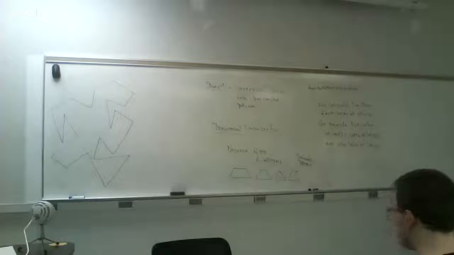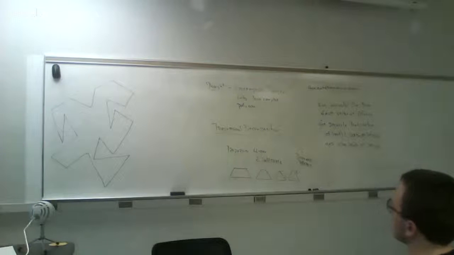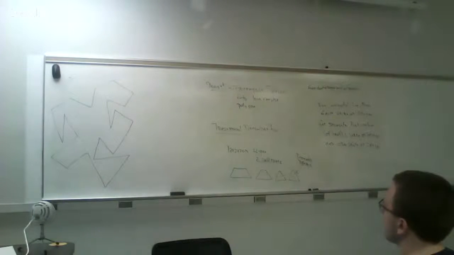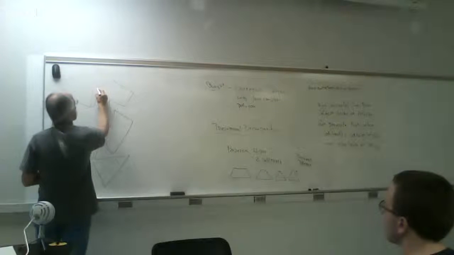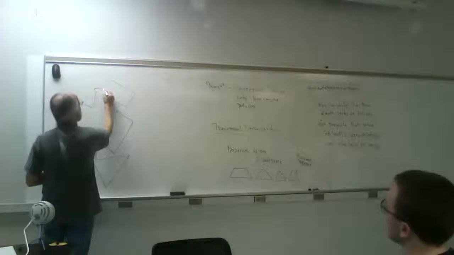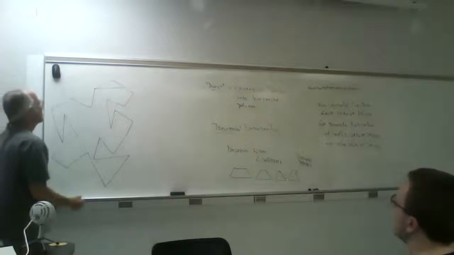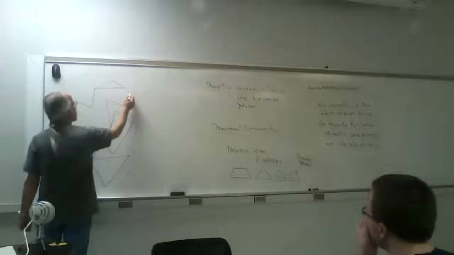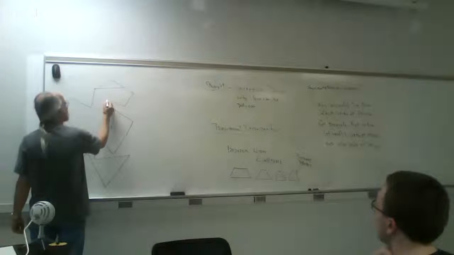Maybe if I shift to blue and just run horizontal line segments here. So here's one, starts at a vertex and extends until it hits the other side of the polygon. Same with this. There's another one. I'm going to do several of these.